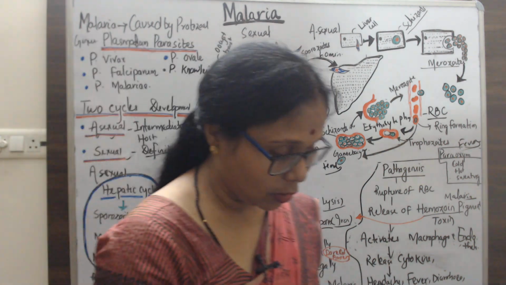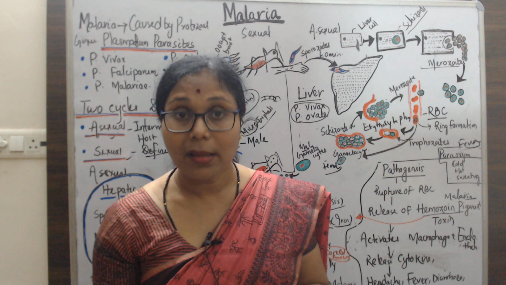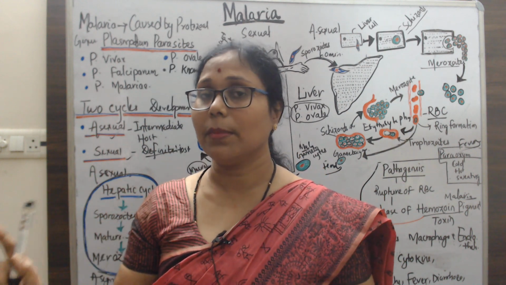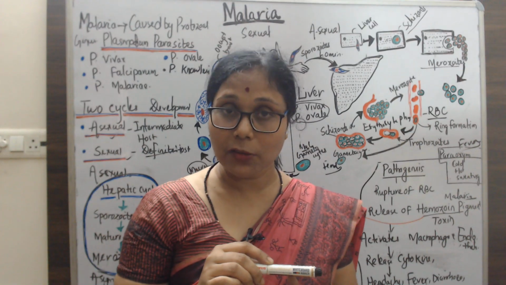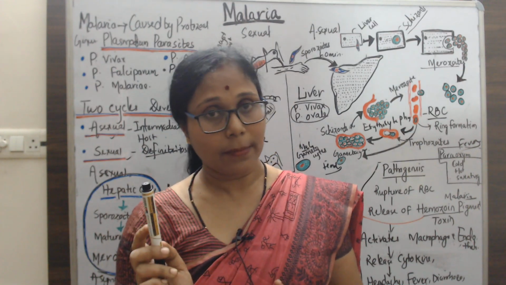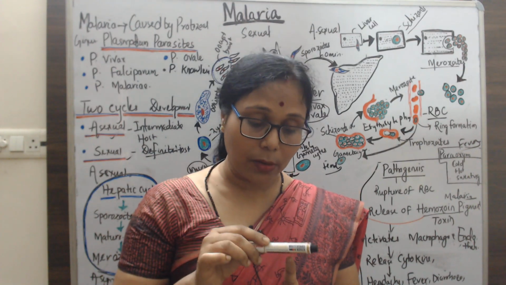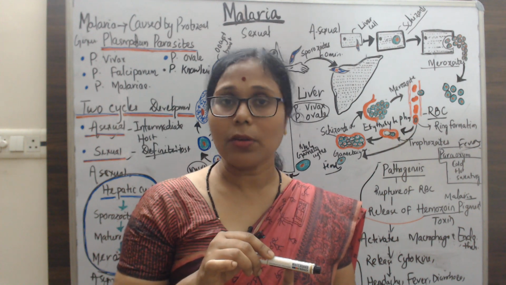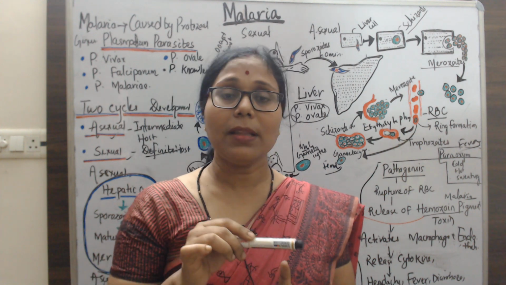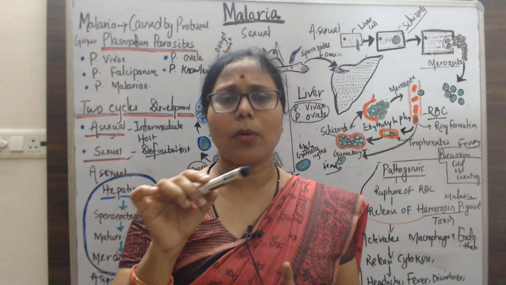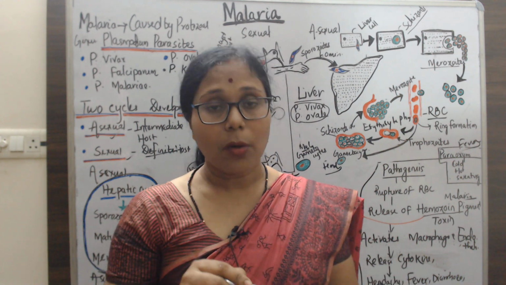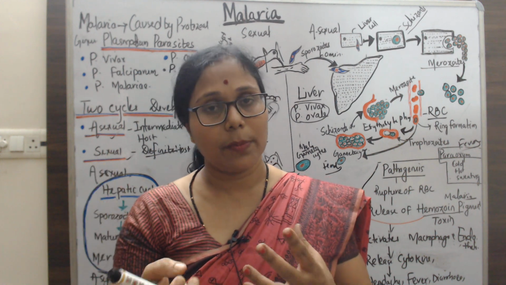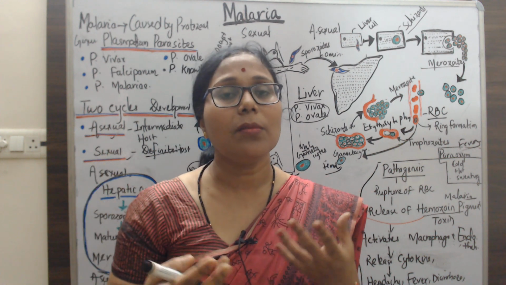Malaria is caused when an infected female Anopheles mosquito bites us. First question: why does the mosquito bite us, and why only the female? Only the female mosquito bites us, at the time of reproduction, because when they produce eggs they need more protein.